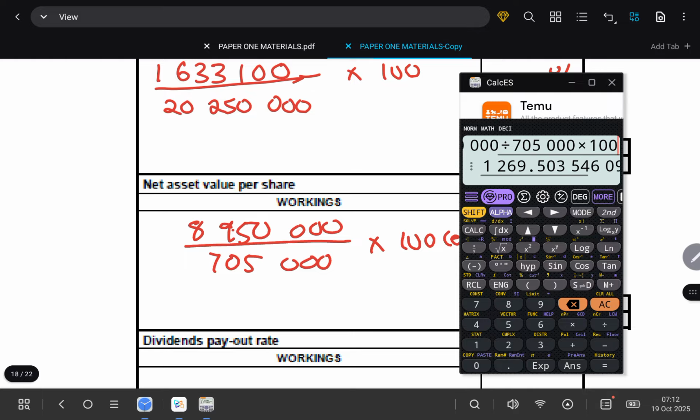It's going to give us 1,269 cents and 50 cents. Okay, so we are going to write it like that: 1,269 and 50 cents.